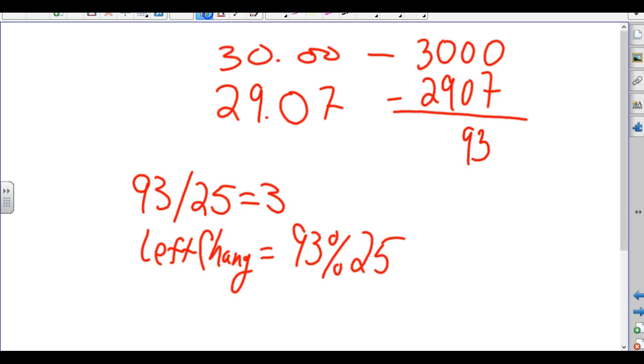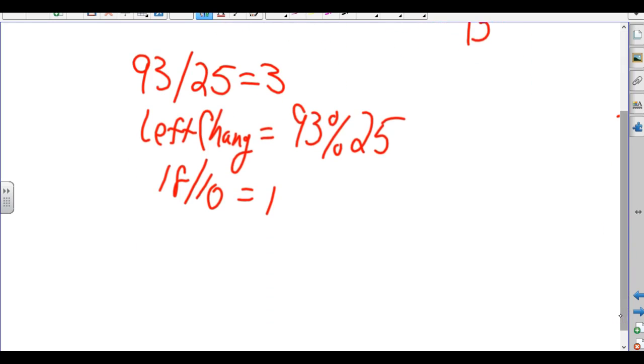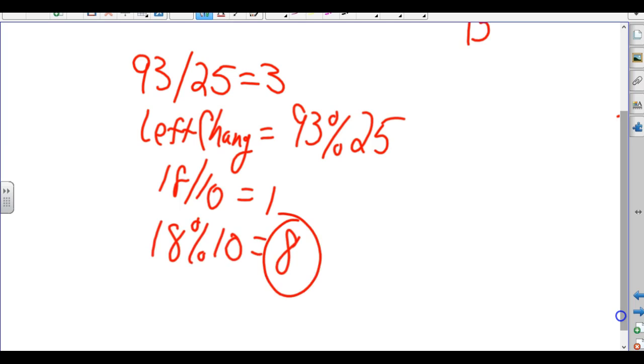I mean, Nils is asleep, but so 18 divided by 10 is 1 dime. Done. 18 mod 10 is 8 pennies. Done.